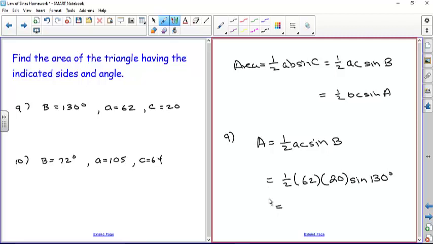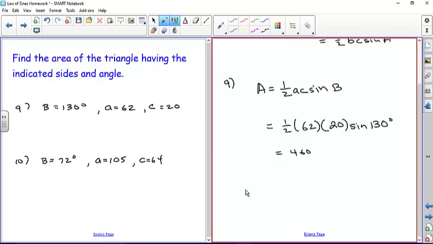So we get 460, whatever units they are. And then for the second one, the same thing applies. You're going to have 1/2 times 105 times 64 times the sine of 72 degrees.